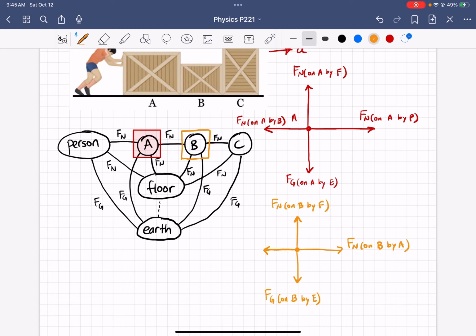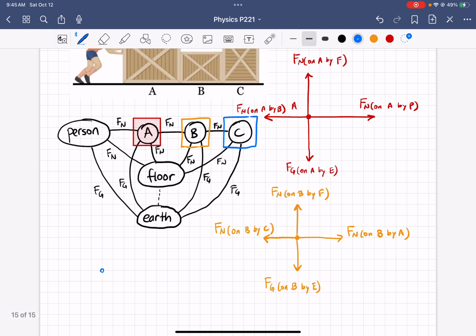And again, we don't have any information about how large or massive these boxes are, so I'm just going to make up a number. All right, so this is force of gravity on C by the Earth, and this is force normal on C by the floor.